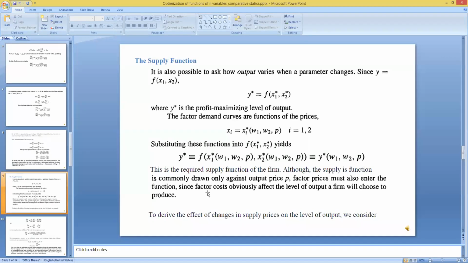Although the supply function is commonly drawn against the output price P, factor prices must also enter the function, since factor costs obviously affect the level of output a firm will choose to produce. I hope you are understanding the meaning of this sentence. So far, in general, we talked about the supply function under perfect competition.